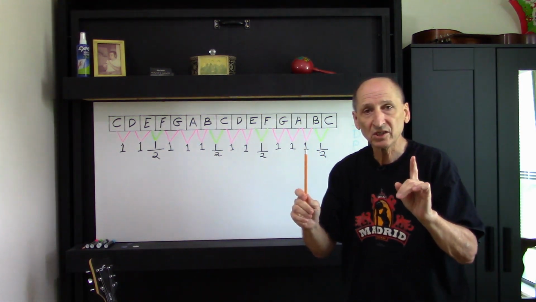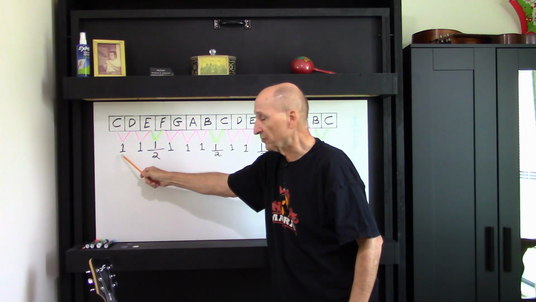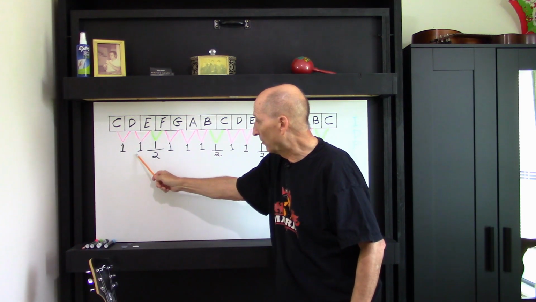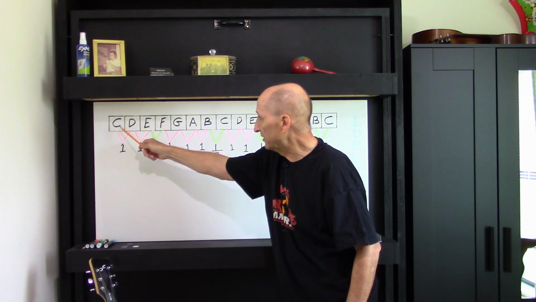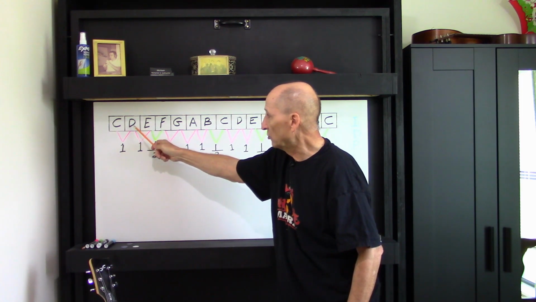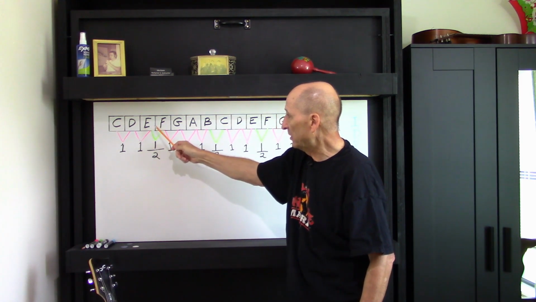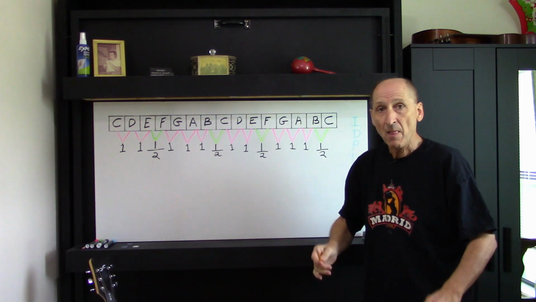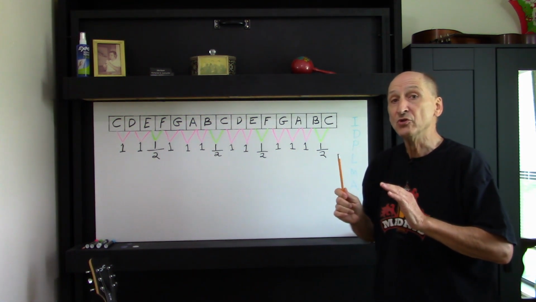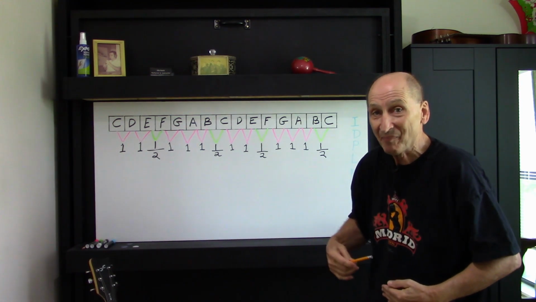Leave space between the letters, because between the letters you have to put these numbers on the bottom. Number 1 goes between C and D, number 1 goes between D and E, 1/2 goes between E and F, and so forth. That's important.